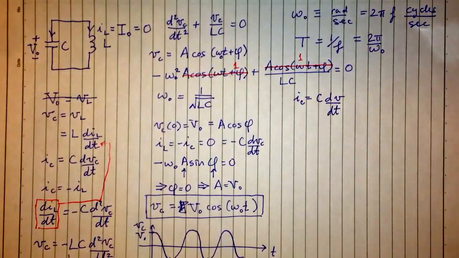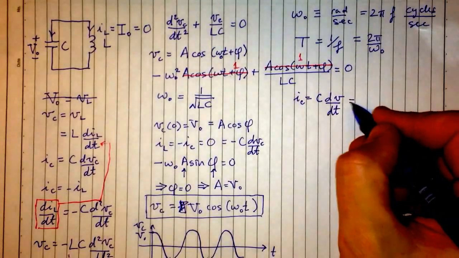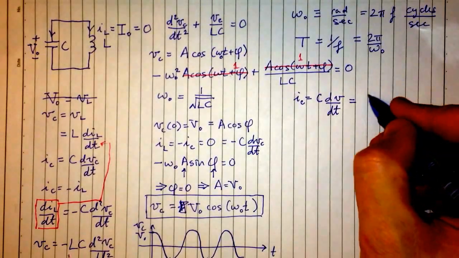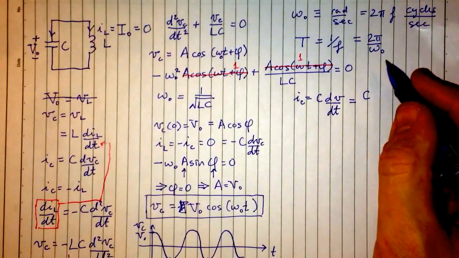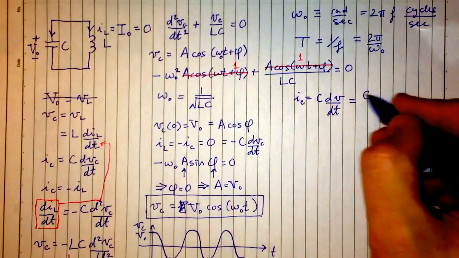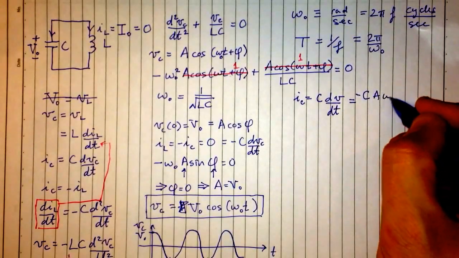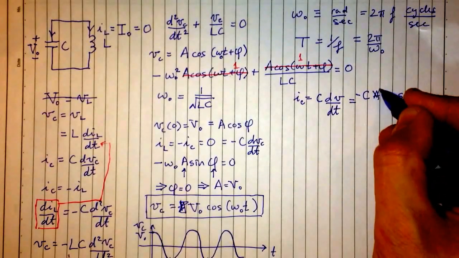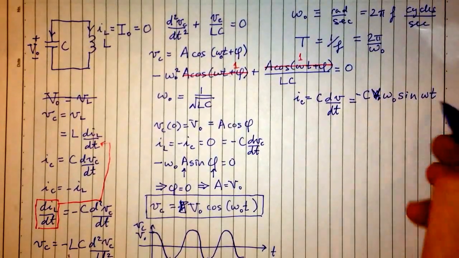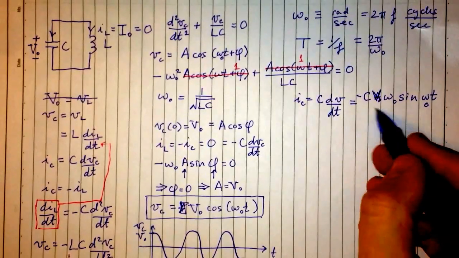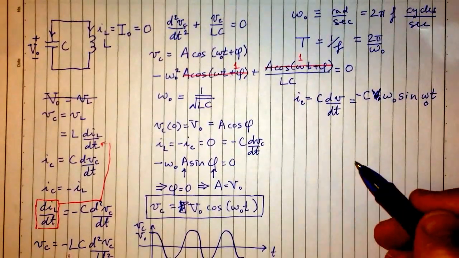I equals C dV dt. So that's equal to C times, let's take that derivative, minus C V naught omega naught sine omega naught t. And there you have it.